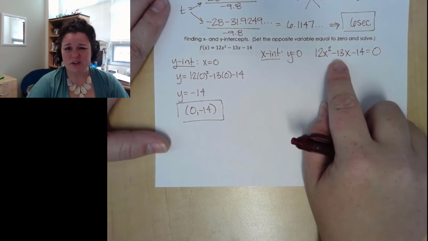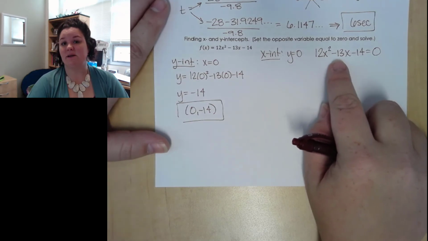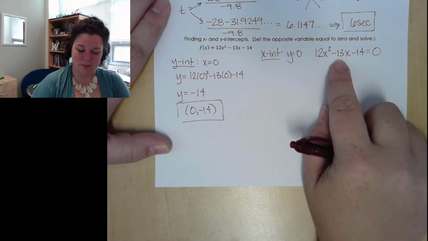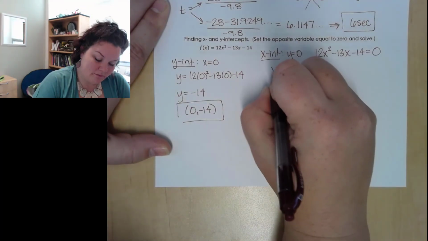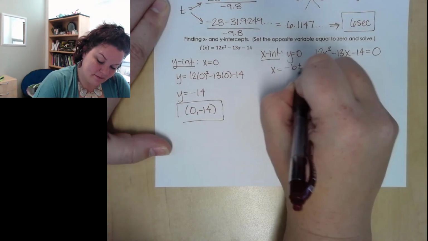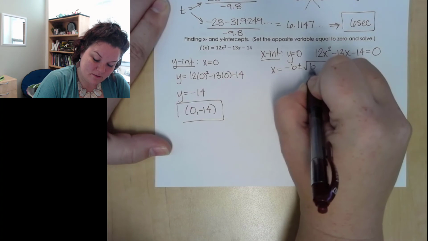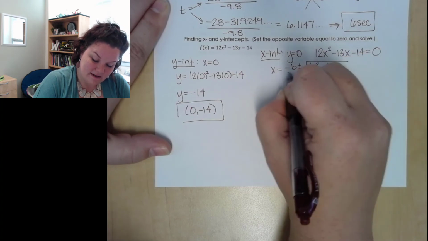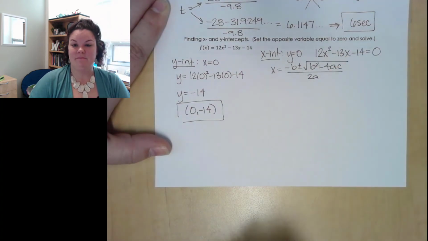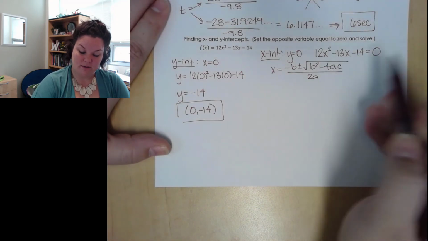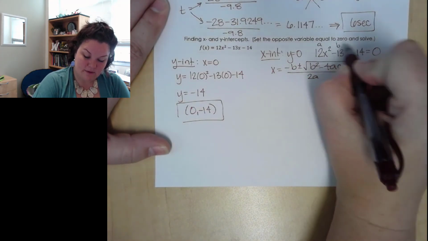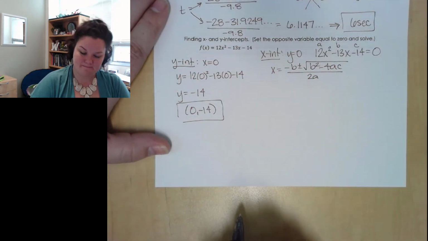But because it's larger numbers, I don't really want to do some product. I'm just going to use the quadratic formula. So remember, the quadratic formula is negative b plus or minus the square root of b squared minus 4ac all over 2a. And then we're just going to plug in our numbers. So this is my a, this is my b, this is my c. Okay.